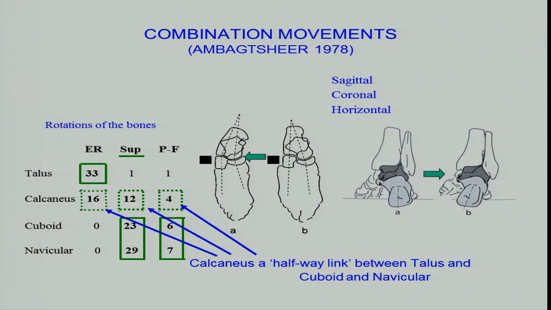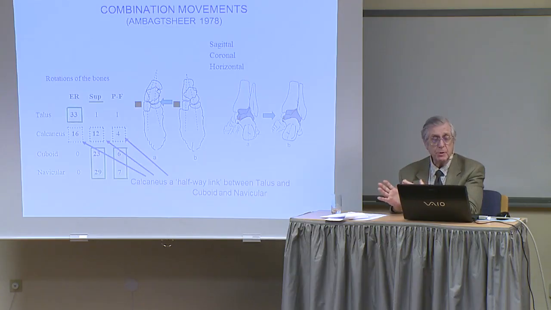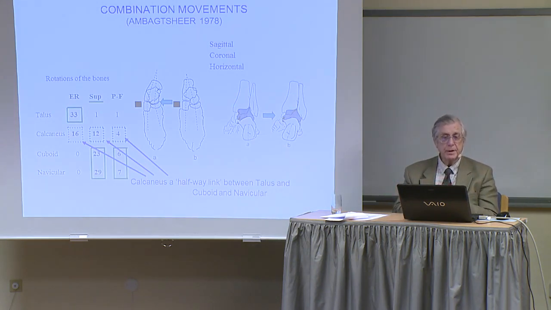Okay, the talus externally rotated much more, and the cuboid and the navicular supinated much more. The talus hardly supinated at all.